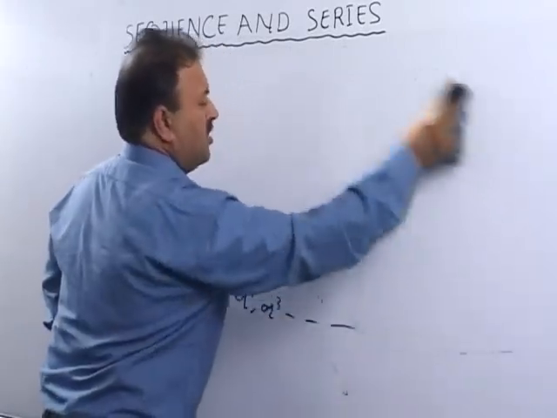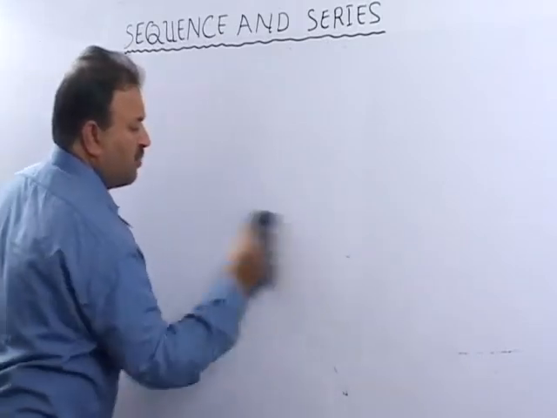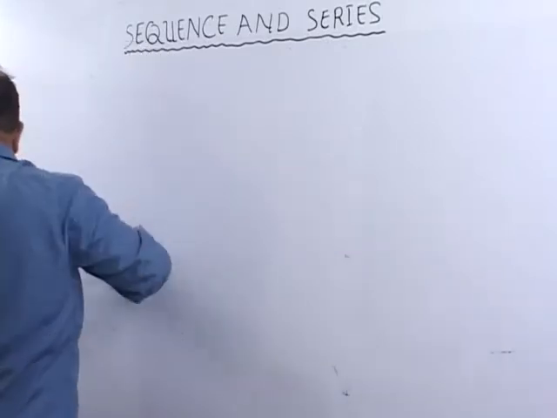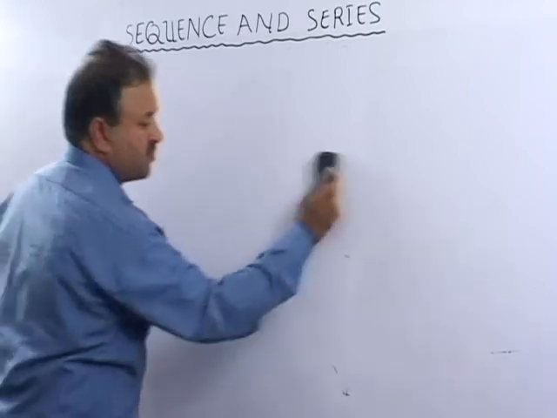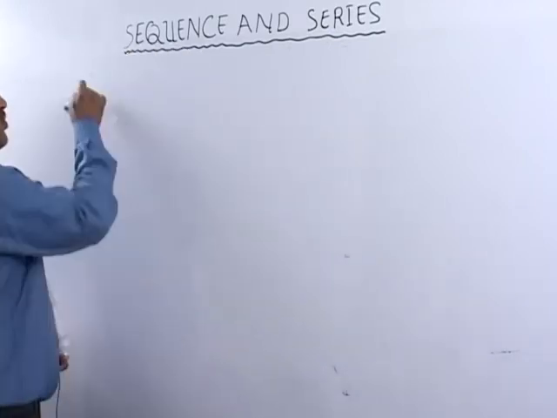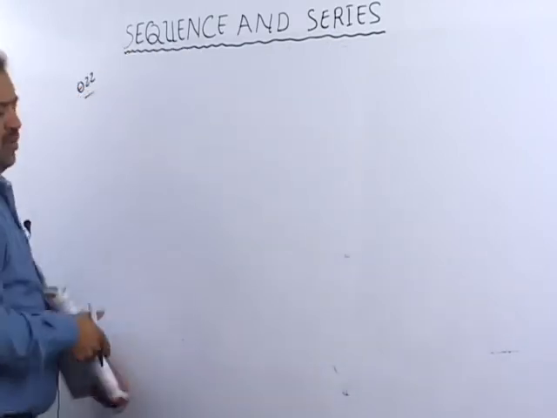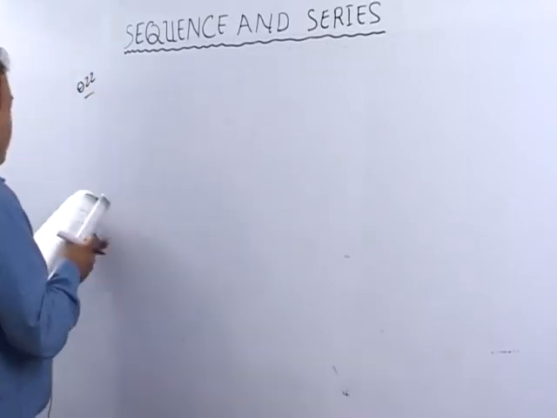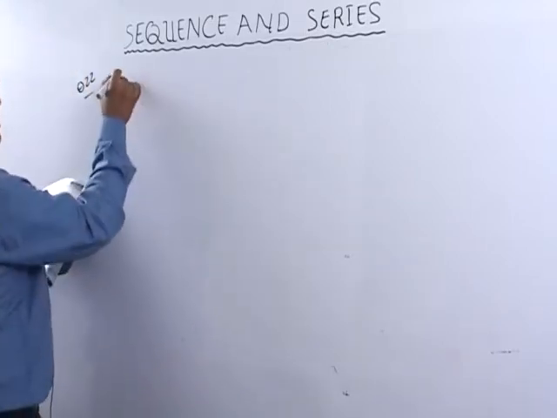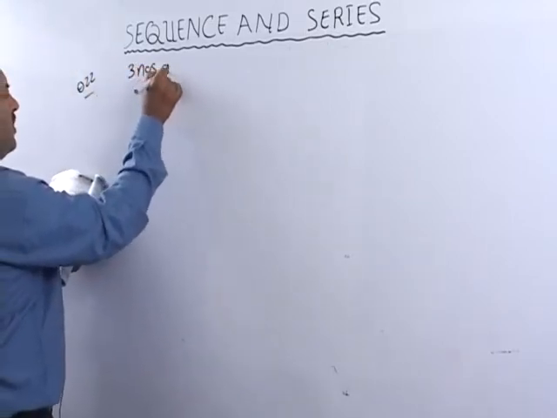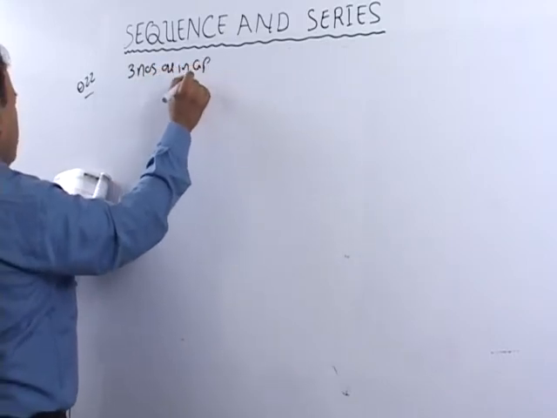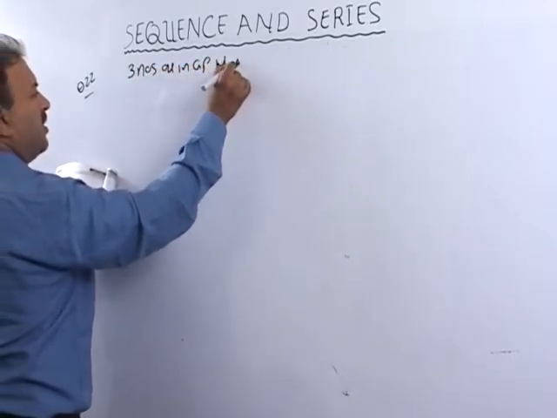Now we are doing a problem of our booklet. It is question number 22. In the question we have been given three numbers in GP whose sum is 70.